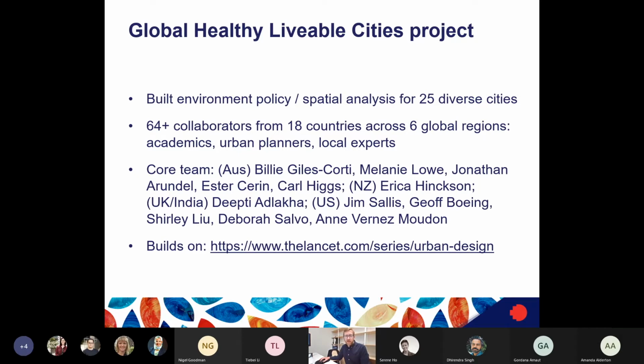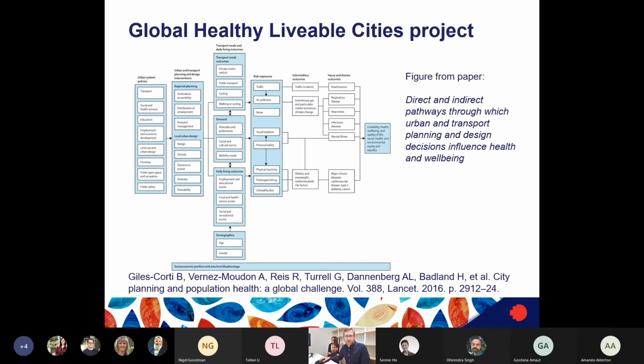It builds on the 2016 Lancet series on urban design, transport and health, in which 8 interventions to promote health were proposed. I'll just display a slightly related, but not directly related to that statement, path diagram, which is an excerpt from that article.